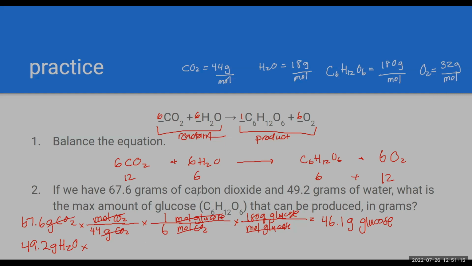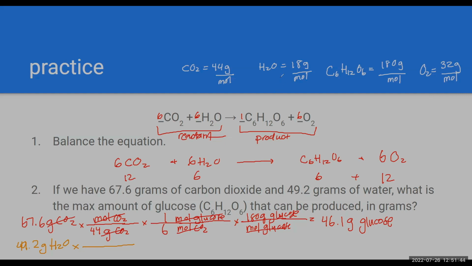And I'm actually going to change the color of my pen so that it doesn't overlap with the red text. So we have 49.2 grams of water. And I'm basically going to follow the same general steps as the portion in red, but just using water values instead.